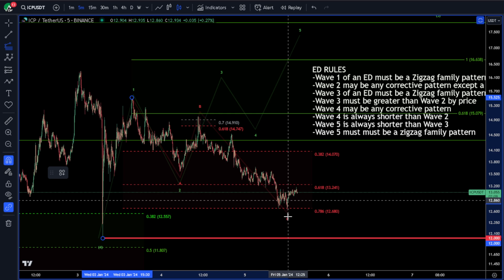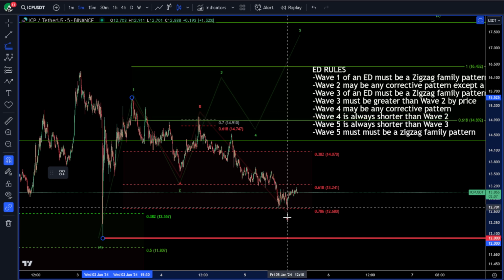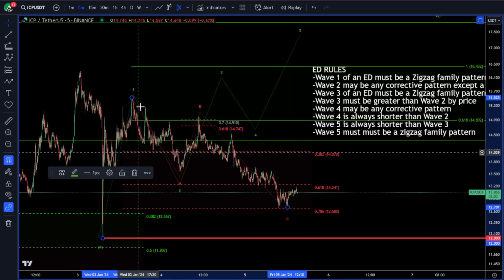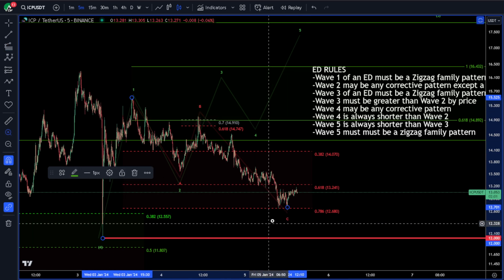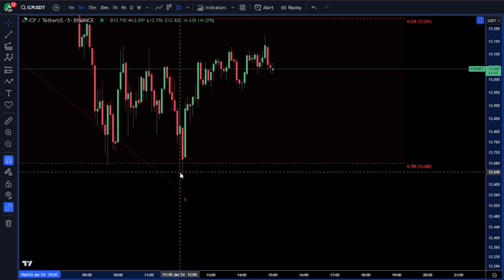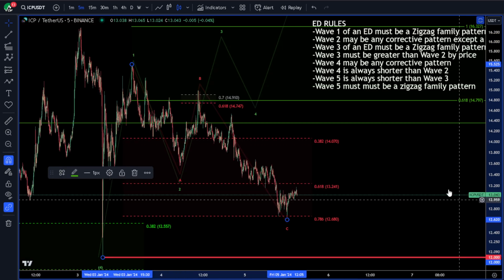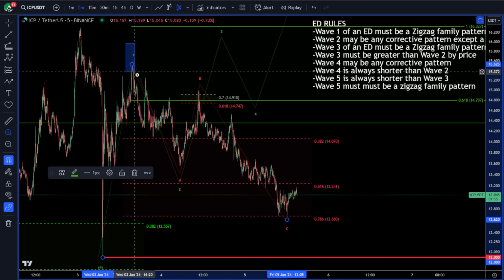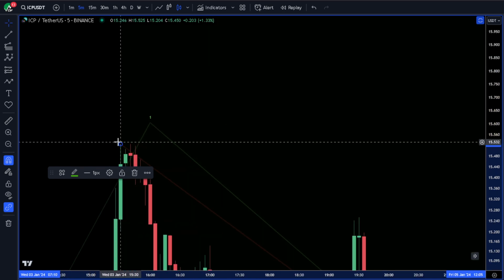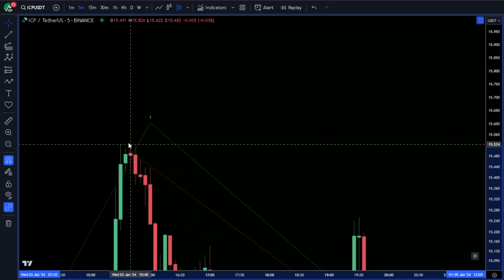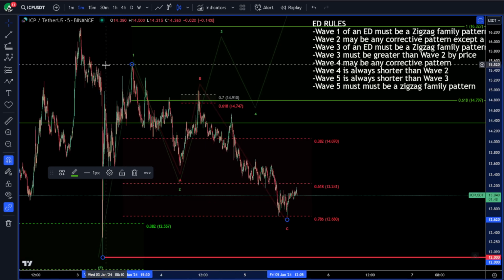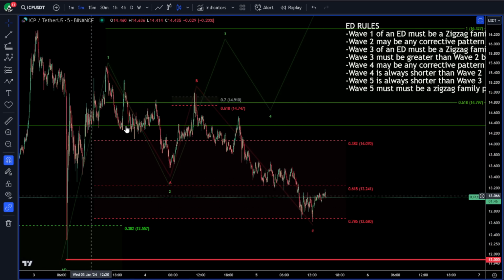But the question I have most about this setup is this wave here. That's the biggest question to me here. Is this a triple zigzag or is it a leading diagonal? It's a tough one, just because it was such a hard sell-off, such a quick rejection.